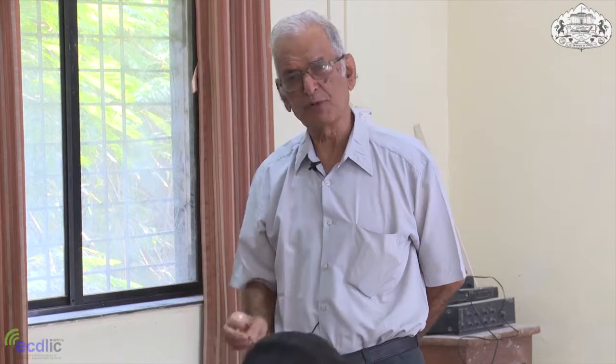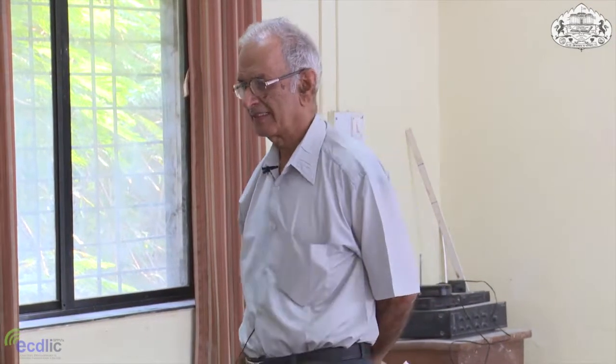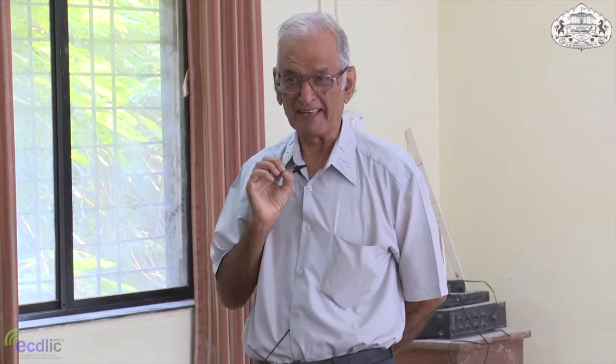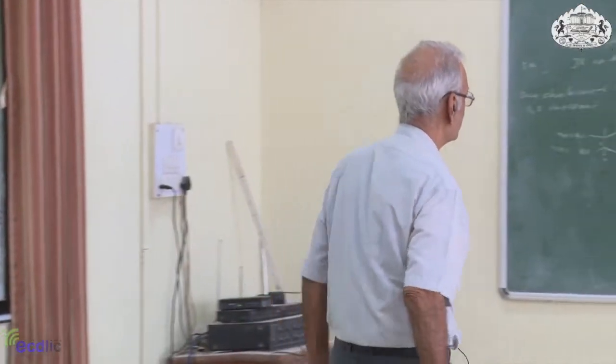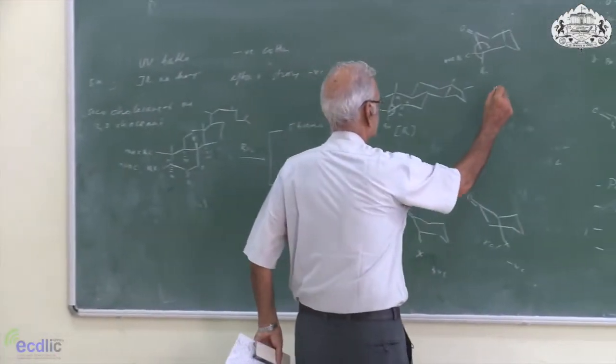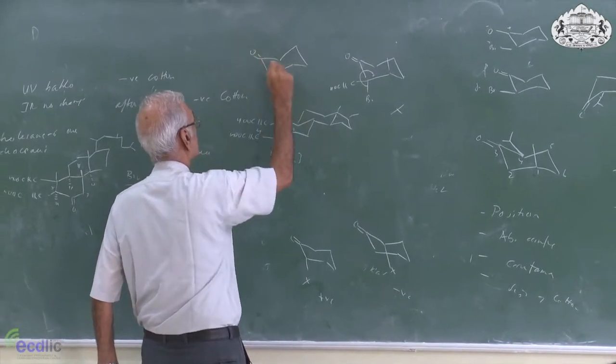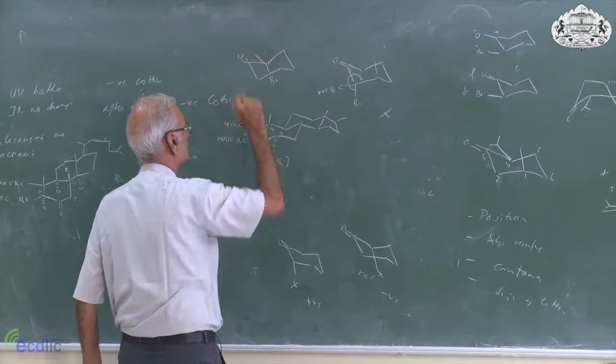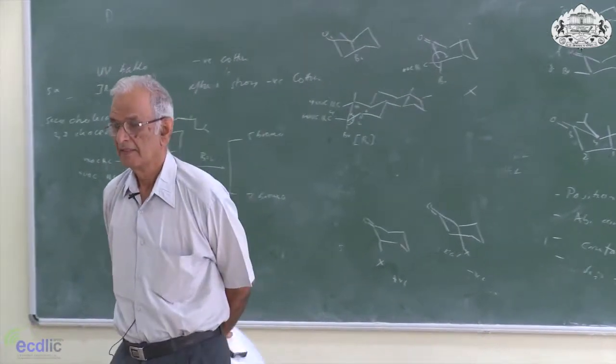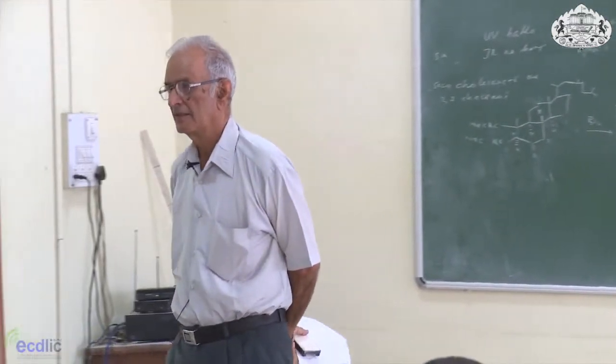So don't think too much. If your imagination is good, do it. If your imagination is like mine, don't worry, write something. But you must be very clear on how you find out R and S. So where is your bromine?